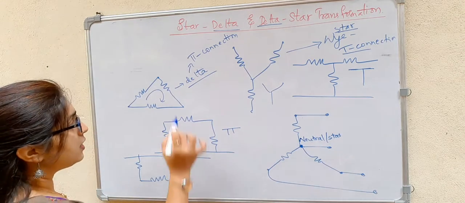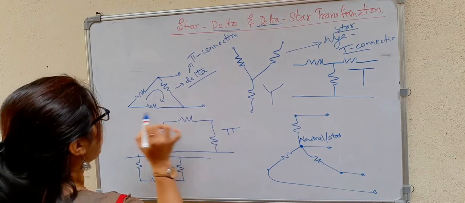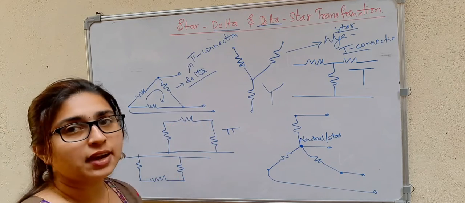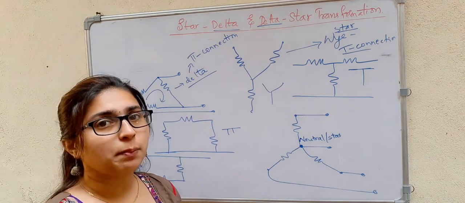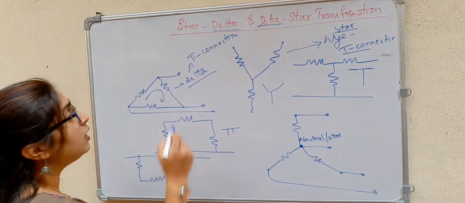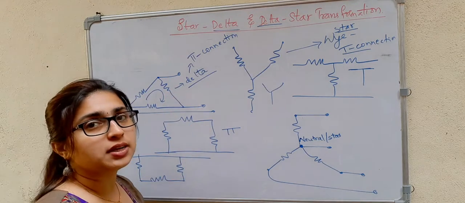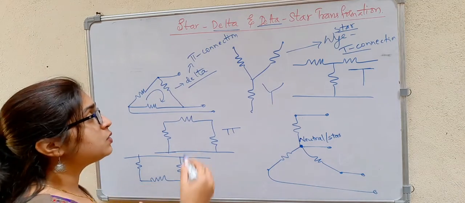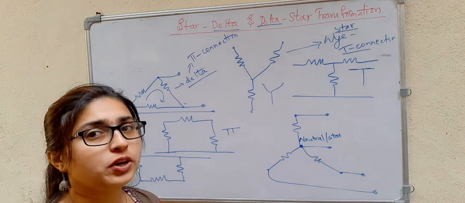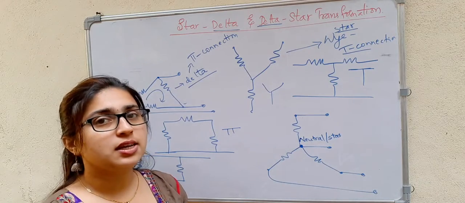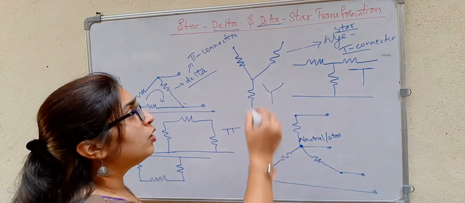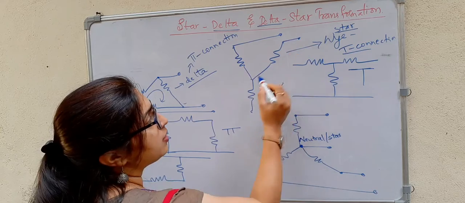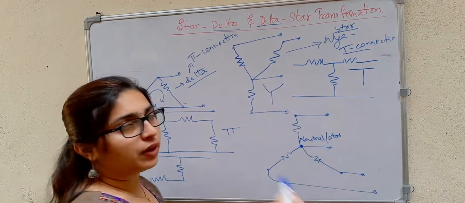See here, this delta will have only three wires. It doesn't have any neutral or star point. It has only three phase wires. Line and phase voltage will be the same, and hence it requires more insulation, not like your star. Star has four wires, one neutral and three phase wires.